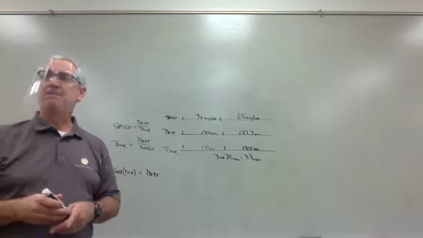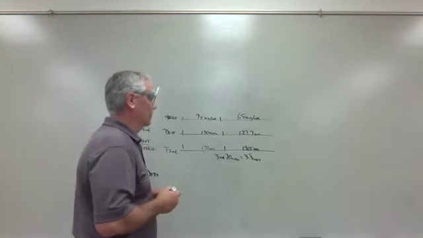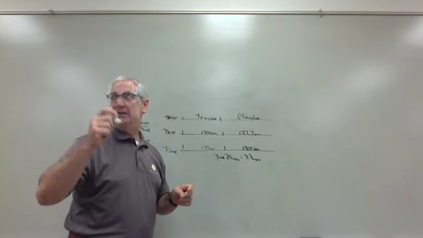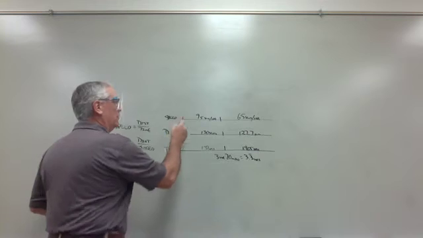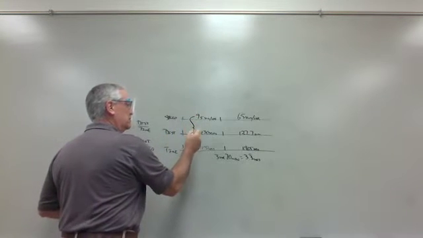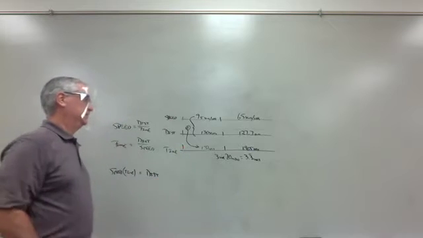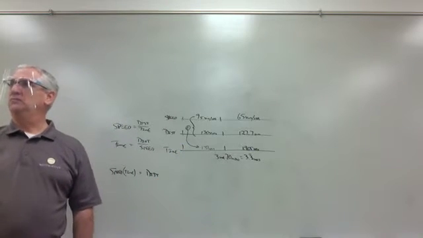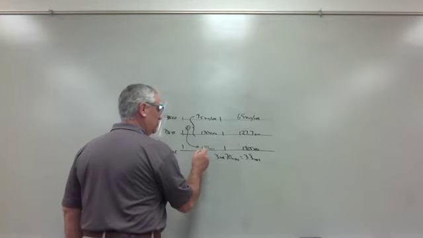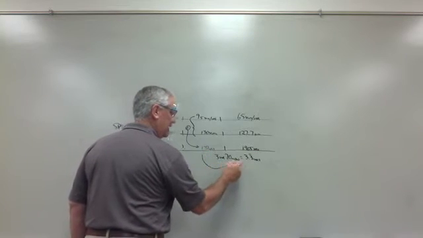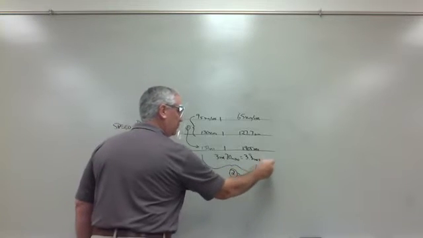Yes, ma'am? Which one in the second column did you find first? Okay, let me go through it. I'm going to put some numbers next to this. These two are going to solve for that. Then these two, all of this right here, which is number 2, solve for that.